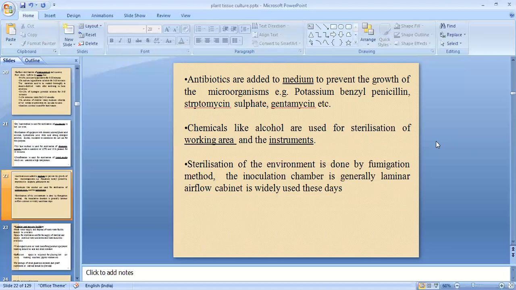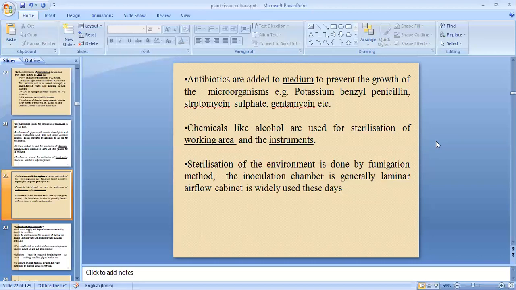And some chemicals like alcohol are used to sterilize the working area or the instruments. And so the sterilization of explant is over, the sterilization of the materials, culture media, everything is over.